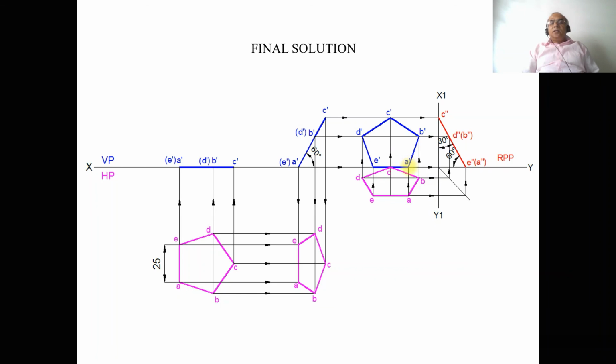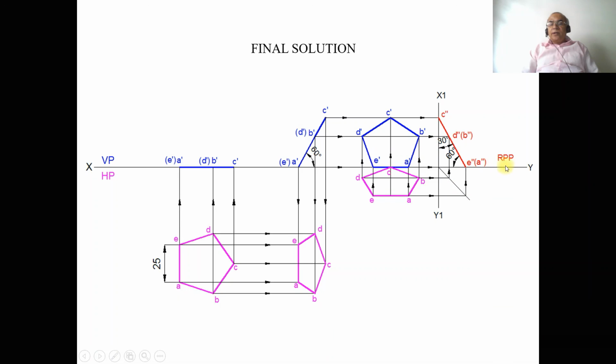Once you do that, taking any convenient distance from the third position front view or the top view, draw one X1 Y1 line, and then using the protractor, measure an angle of 45 degrees adjacent to HP, and draw a 45-degree line.